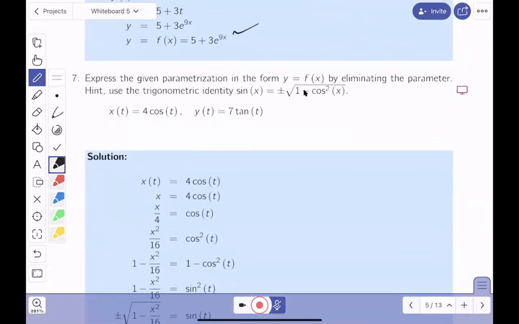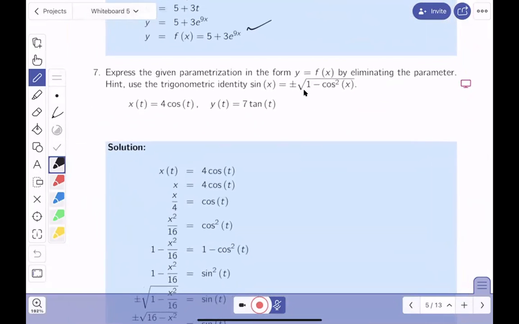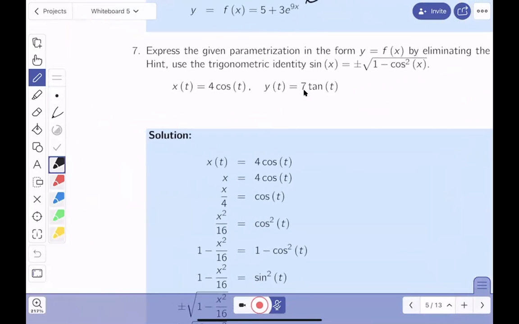Okay, express the given parameterization in rectangular form by eliminating the parameter. Hint: the trigonometric substitution might be useful. And let's take a look at that. And again, they say something might be useful. Who knows? So let's take a look at this over here. I'm saying x equals 4 cosine t. And again, they did make this reference to something to do with squaring. So let's write this over here.